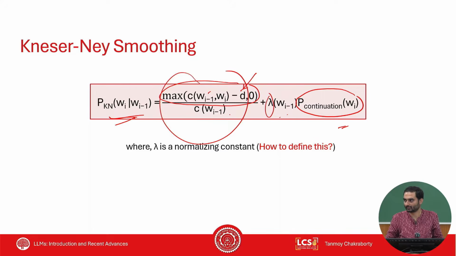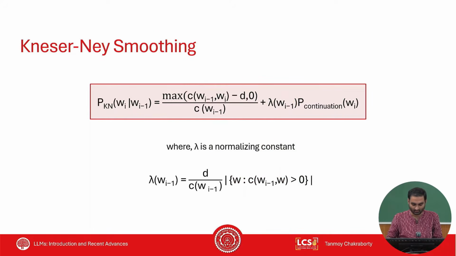Non-zero, and those whose value is greater than D. I mean, this is again an approximation. This should be D, but again, assume that this is a very small number. So for those cases whose count is greater than D, we will discount something from there.